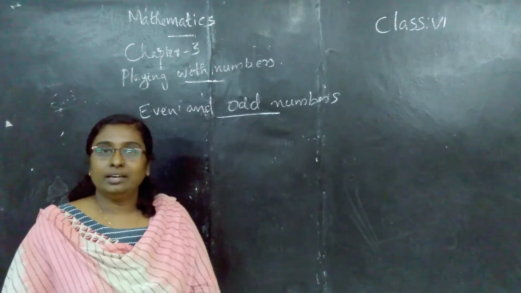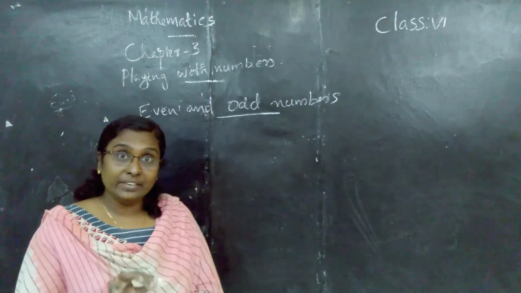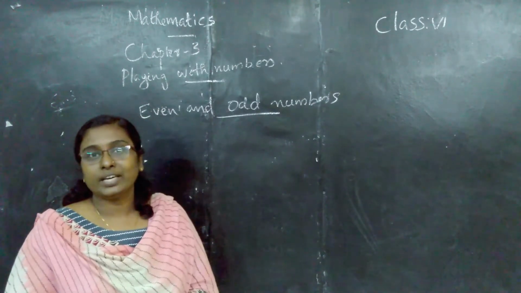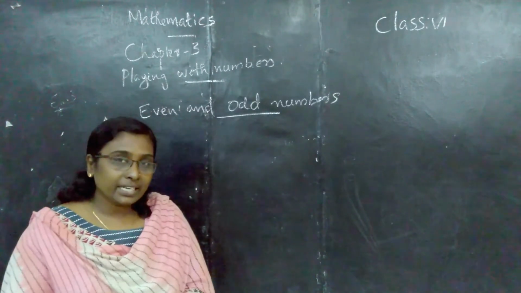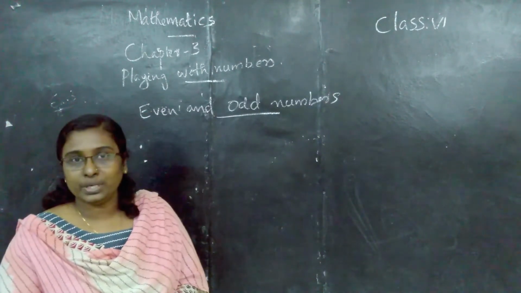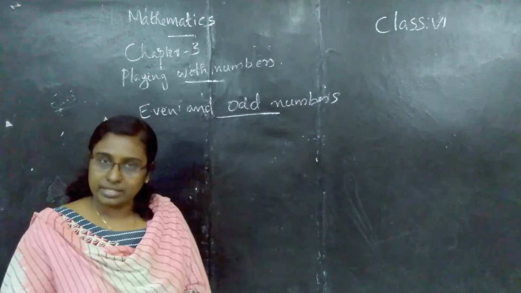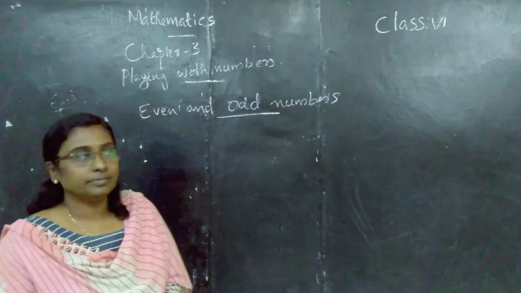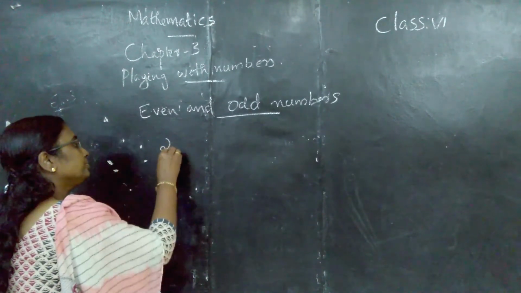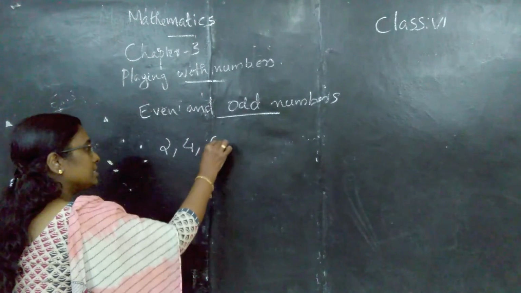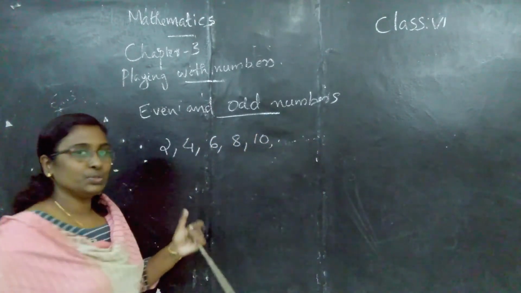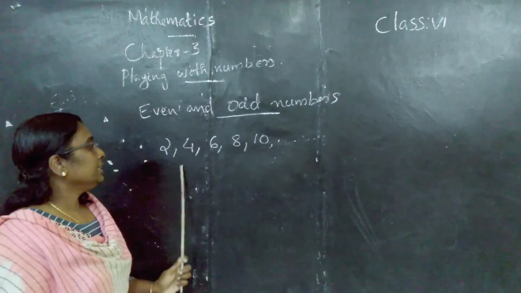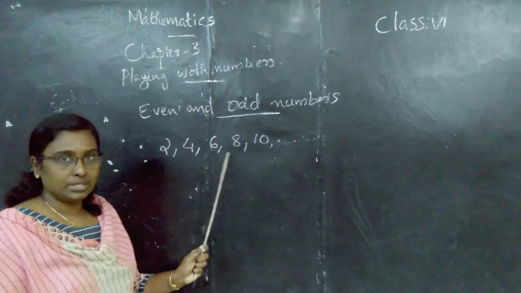A number which is exactly divisible by 2 is called an even number. Say some examples for even numbers. 2, 4, 6, 8, 10. These are the multiples of 2. These are the even numbers.